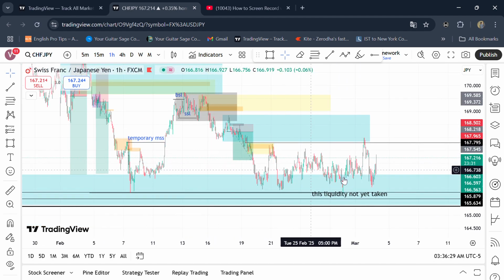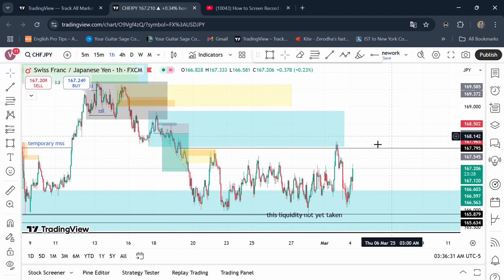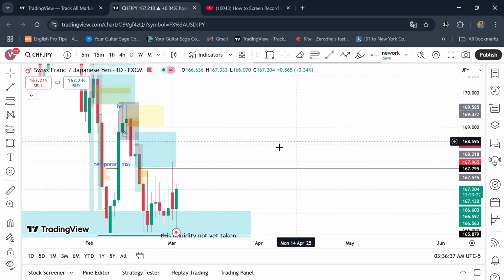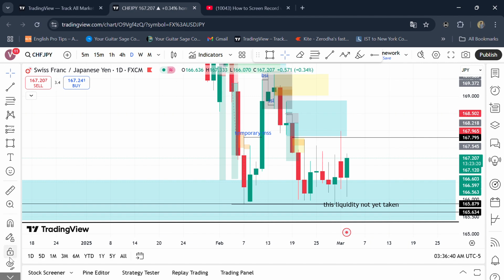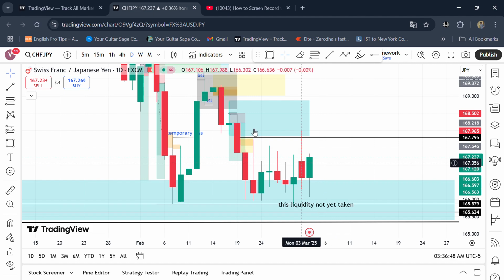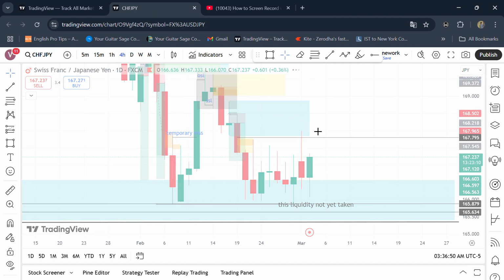Now all the last POIs are taken. Again, while it was coming down, the market created one more POI on the daily time frame. This candle, which is tapped again and is making its way downwards.